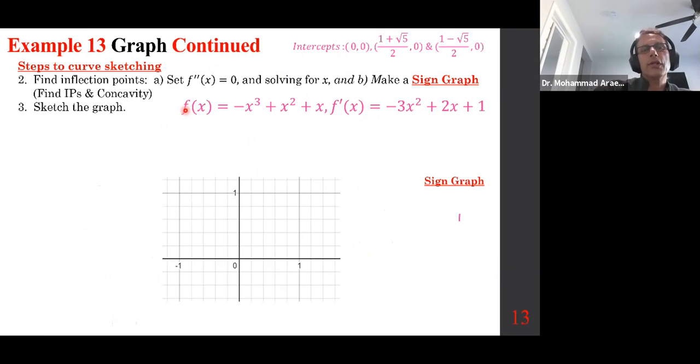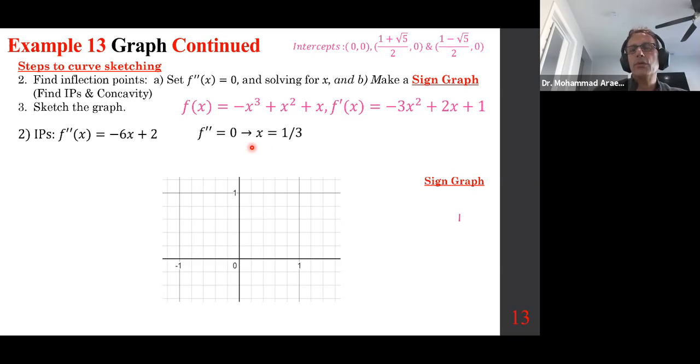So here's the function. Here's f prime. Okay, let's find f double prime, which makes it negative 6x plus 2. Let's do that. And let's set it equal to 0, and x becomes a positive 1/3. Now we need to do the sign graph on this to see whether we have a concave up or down anywhere, an inflection point.